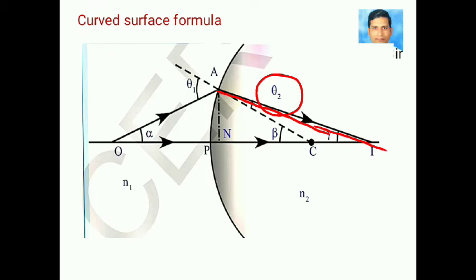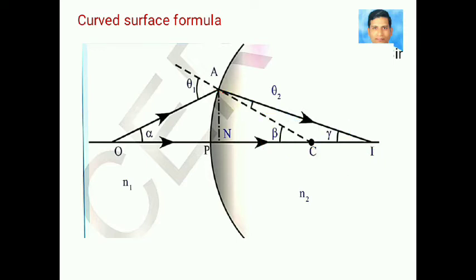The two refracted rays meet at I and the image is formed. Let the angle made by the second refracted ray with the principal axis be gamma. The angle between the normal and the principal axis is beta.